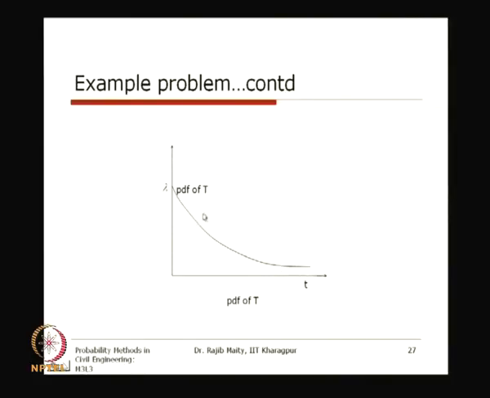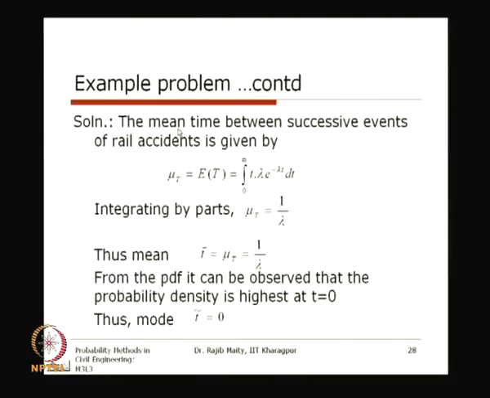This is the PDF for the random variable T. Now, the mean of the time between successive rail accident events: if this is the distribution, then mu_T, the expected value of T, is the integral over the entire range of the PDF of t multiplied by lambda e to the power minus lambda t dt. If we do this integration by parts, we will see that mu_T equals 1 by lambda.